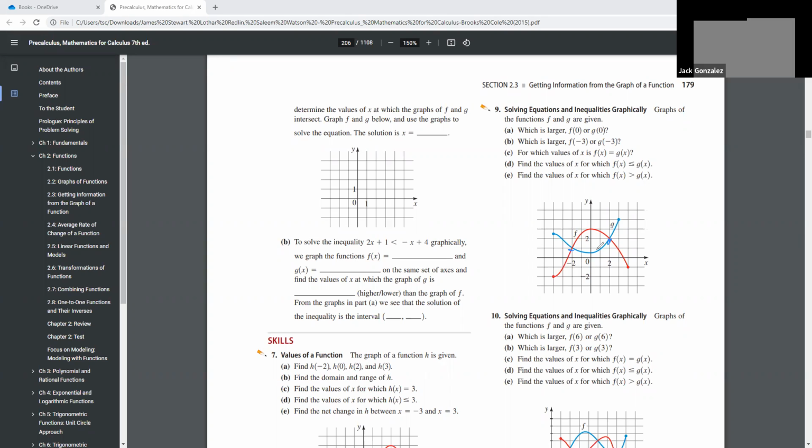See that? So what would be the interval? When is F below? When is the red below the blue? Right. So from here to here, and here to there.